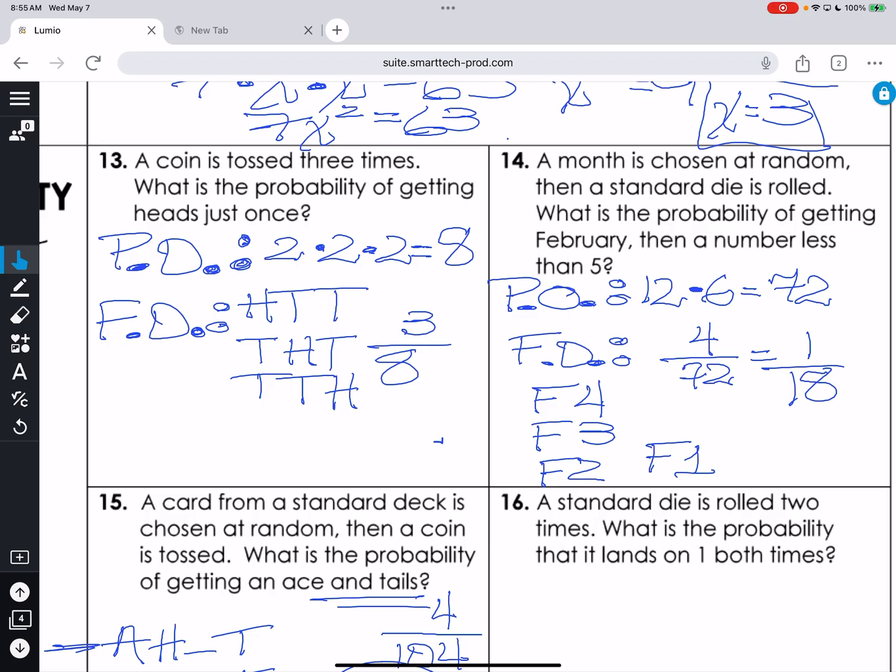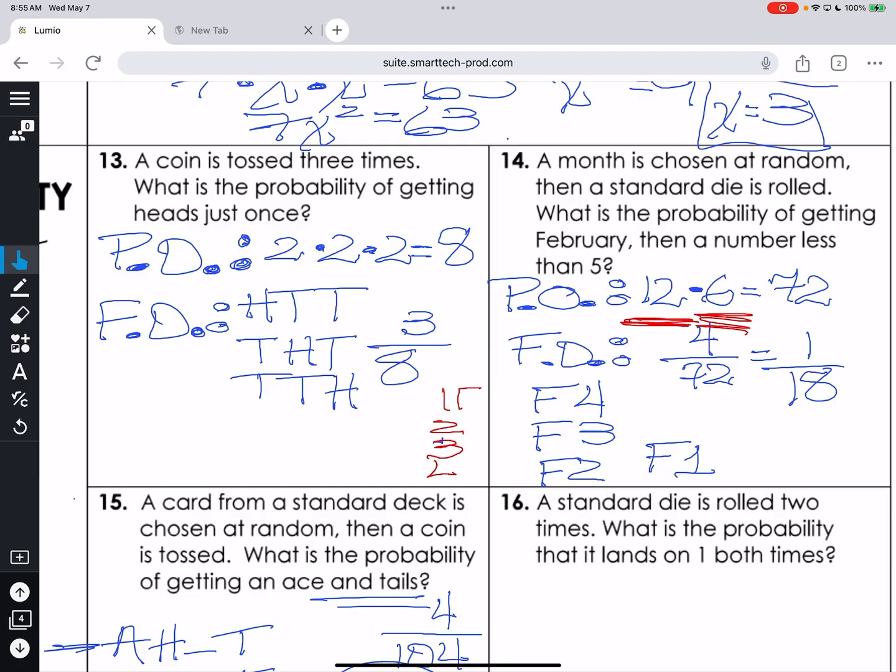We could have said 1, 2, 3, 4, and then it would have been our February. So how did you get to 72? Well, there are 12 months, and there are 6, that's the die. That's the denom. You start with that to figure out what all we are working with, and then pull from that what we need. Yes, okay, I figured it out.